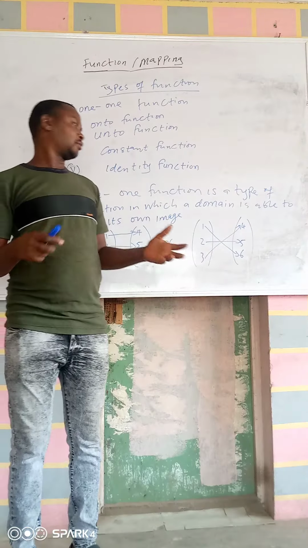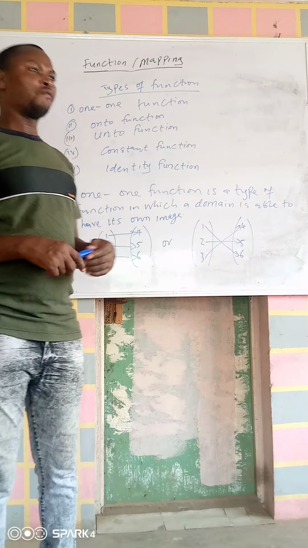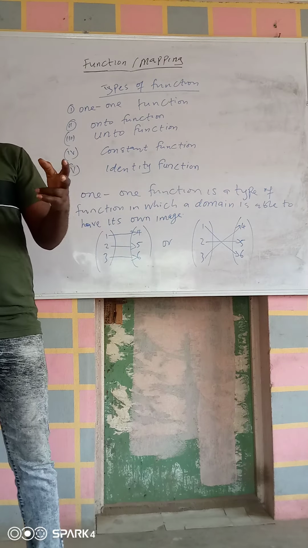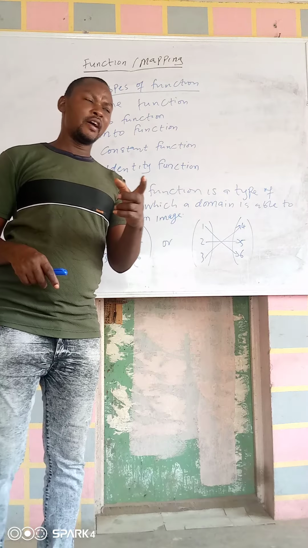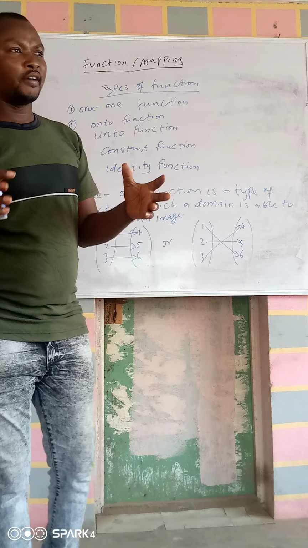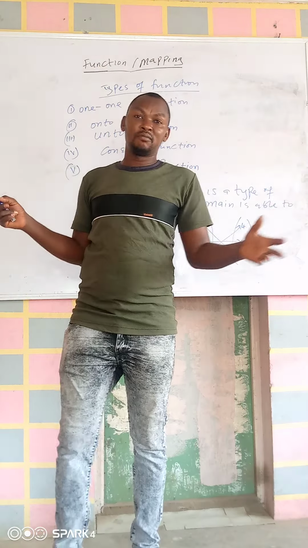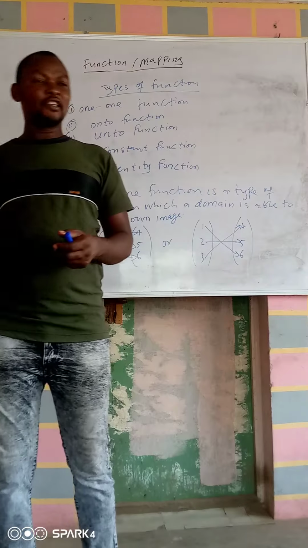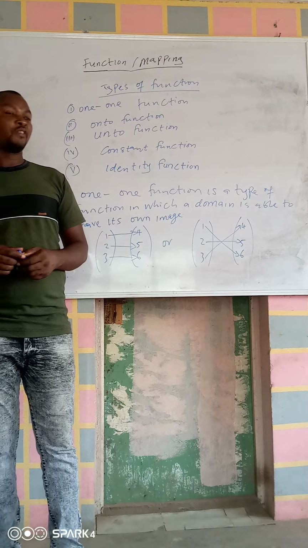In that kind of situation, we can say we are having one-one function. A situation whereby one footballer is marking 2 persons is not even a function.